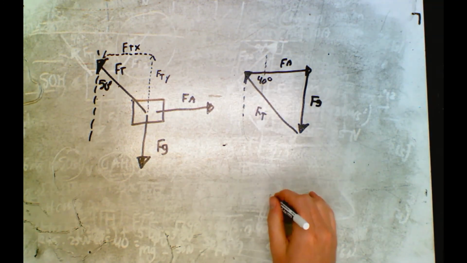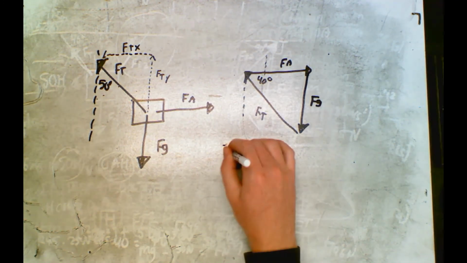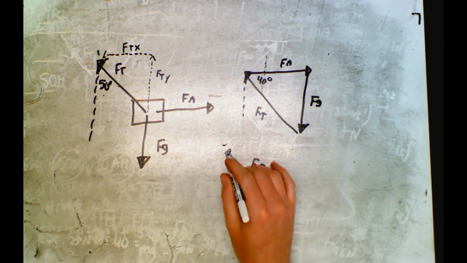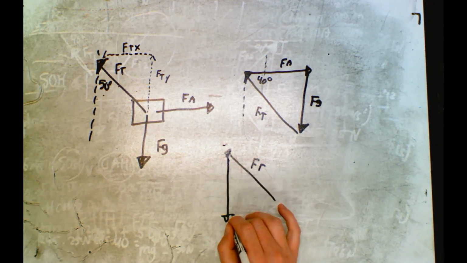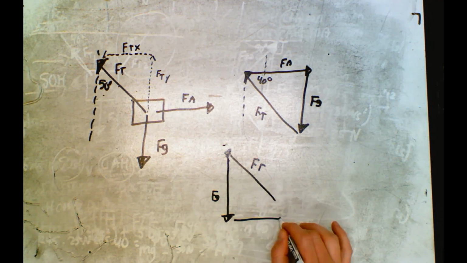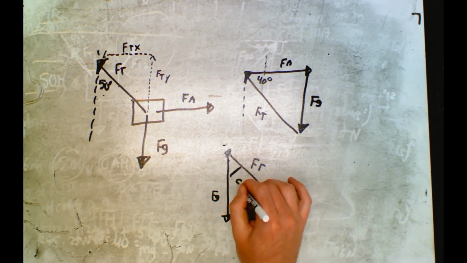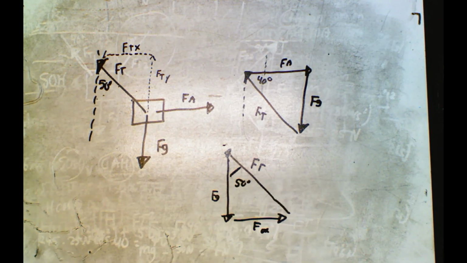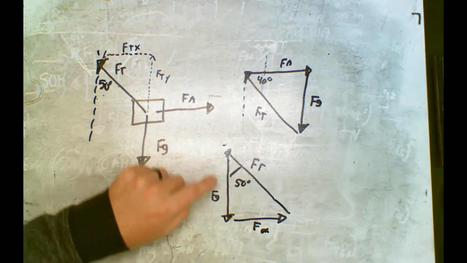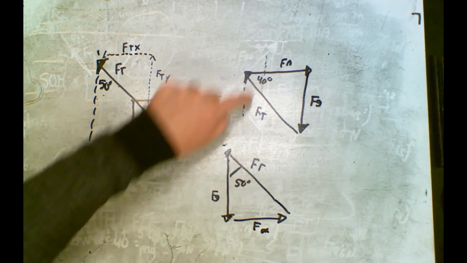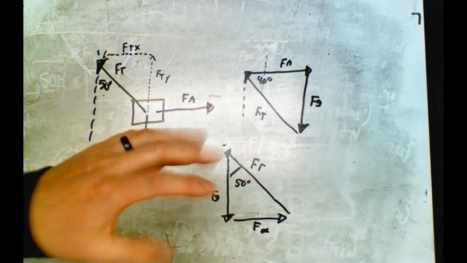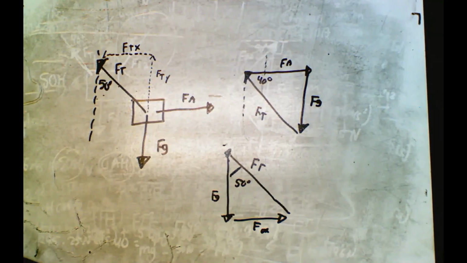Or the other way that you could do it is if you did your force of tension first, like that, and then you did your force of gravity next, and then your force applied this way. Well, now this angle is 50 degrees. Both are correct, but if you draw it this way, then you don't need to think about what that angle is from. But both are correct. You could do it either way, so that's the correct tip to tail.